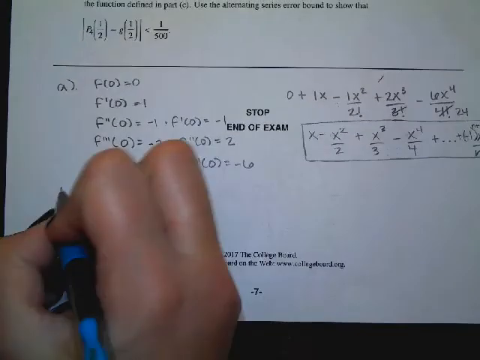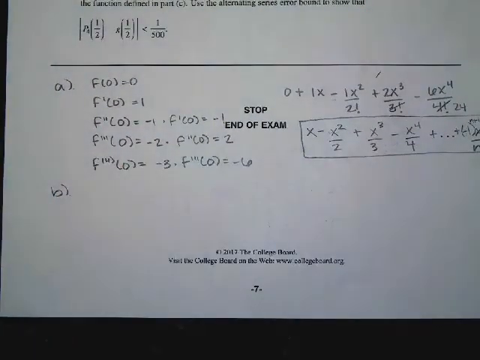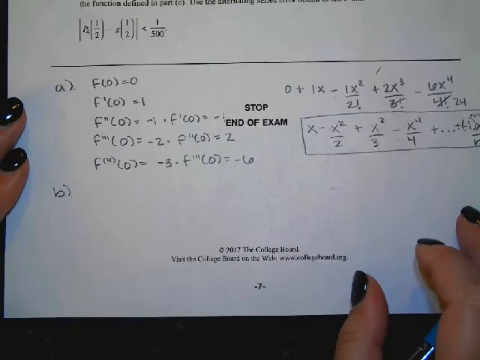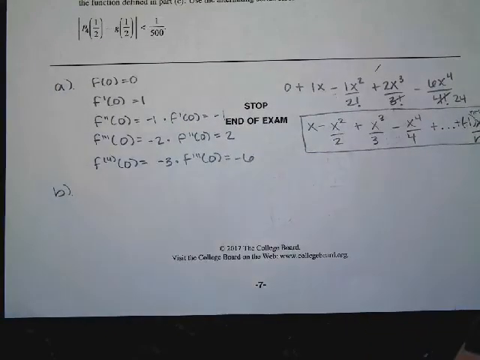Okay, part B. Determine whether the Maclaurin series described in part A converges absolutely, converges conditionally, or diverges. They gave you a clue in this problem because the only series test that tells you if it's conditional or absolute is the alternating series test.